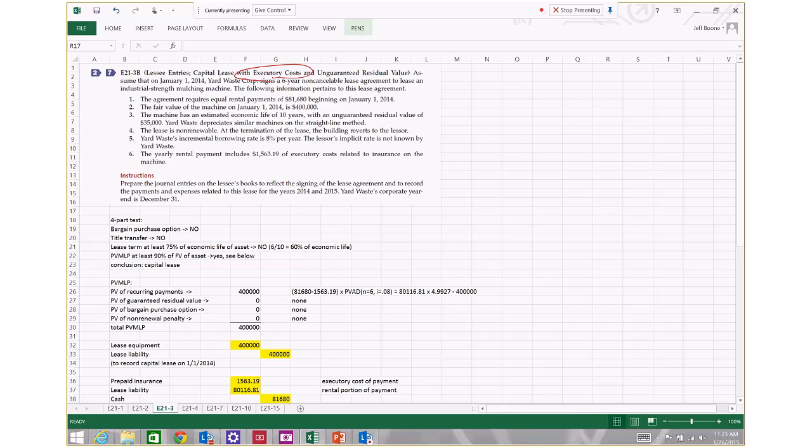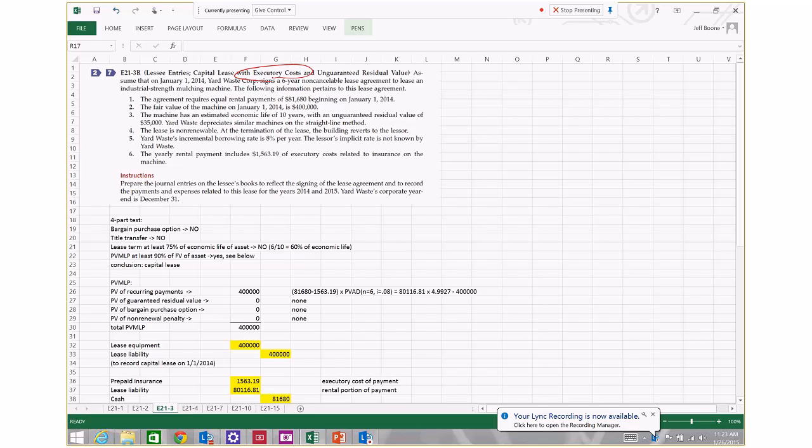And typically it relates to things like repair and maintenance cost, taxes on the property, if there are any property taxes due, insurance to insure the leased asset against some sort of catastrophic loss. It's the recurring cost that you have in connection with any asset that you use in connection with your operations.